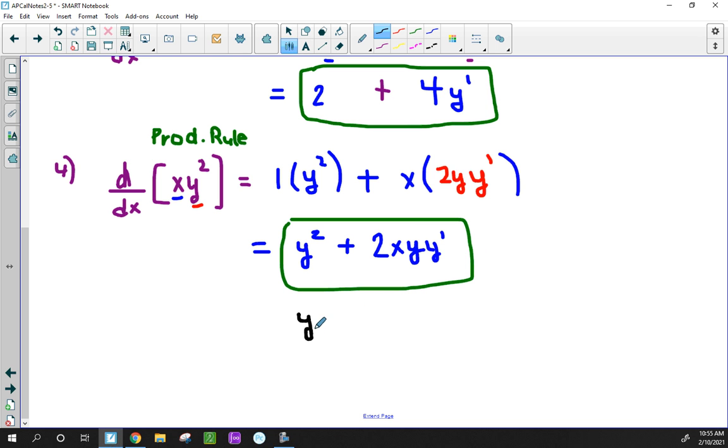Or you could do this. I shared this a minute ago, just reminding you. Instead of the y prime, you could write it this way. I'm sharing that because some versions and some textbooks, and ours does this, will write it that way too.